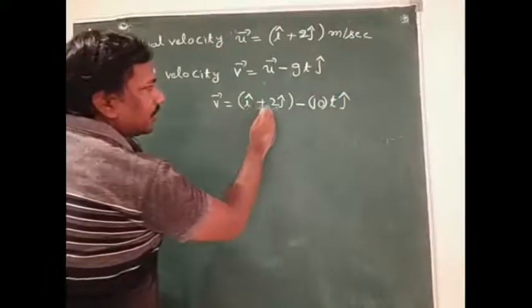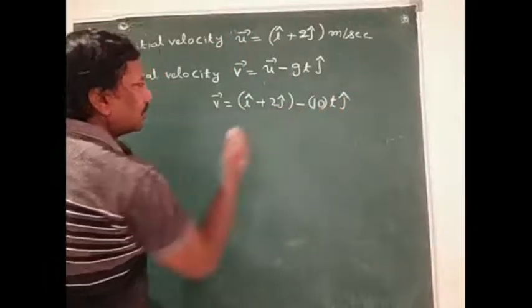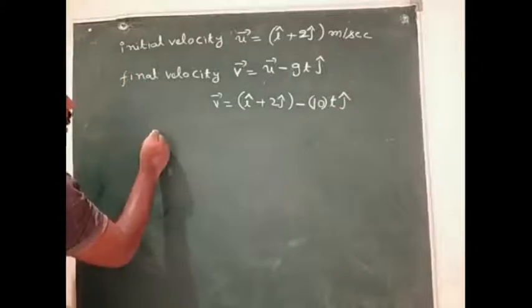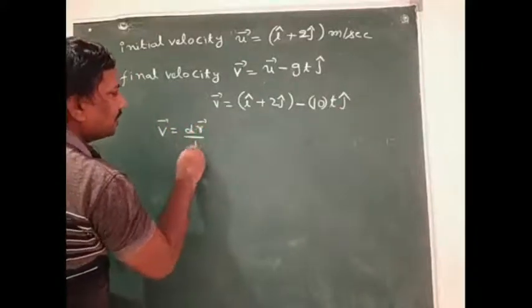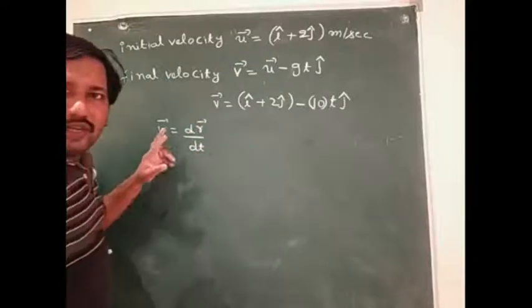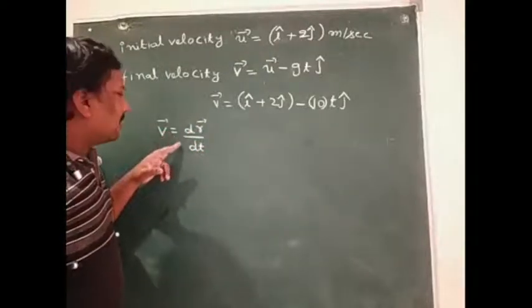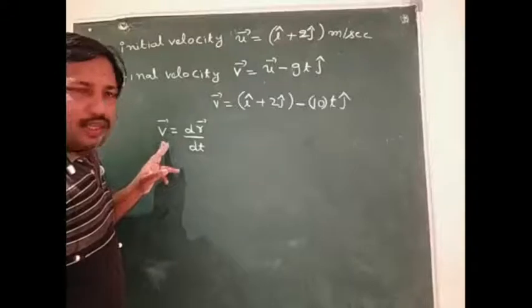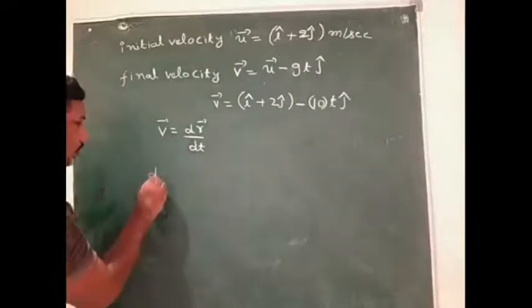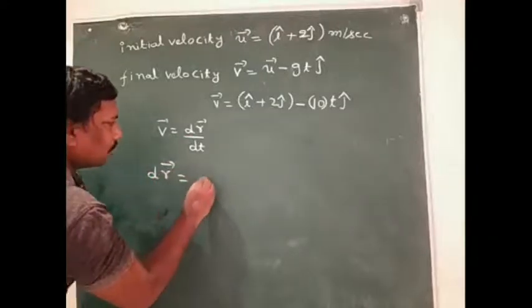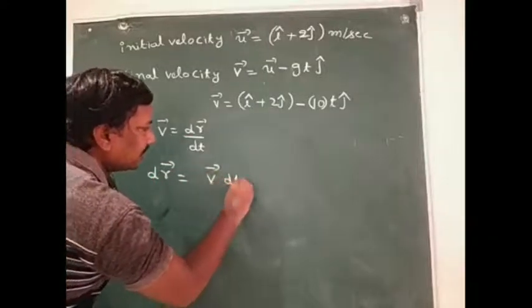V bar equals i cap plus 2j cap minus 10t j cap. Therefore v bar equals dr bar by dt. We know that the rate of change of displacement is known as velocity. Here dr bar is the displacement vector, so dr bar equals v bar into dt.